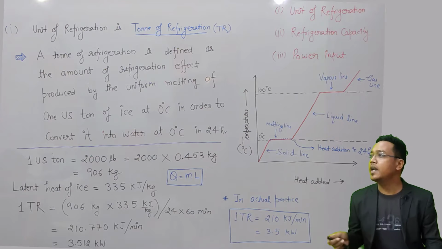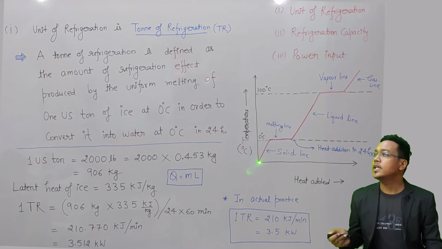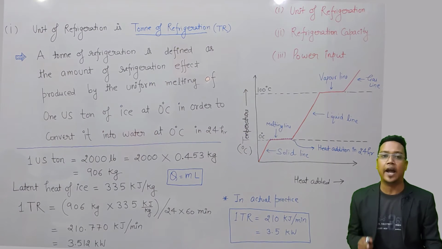Okay, see here, this is my solid line and this is 0 degree. Before 0 degree, like here -4, -1, the water is in solid state. It means this line is solid line.